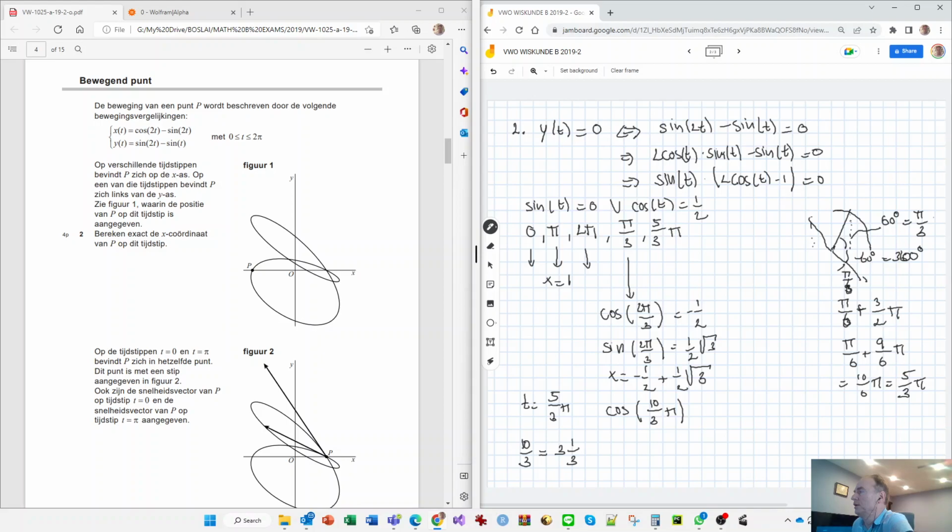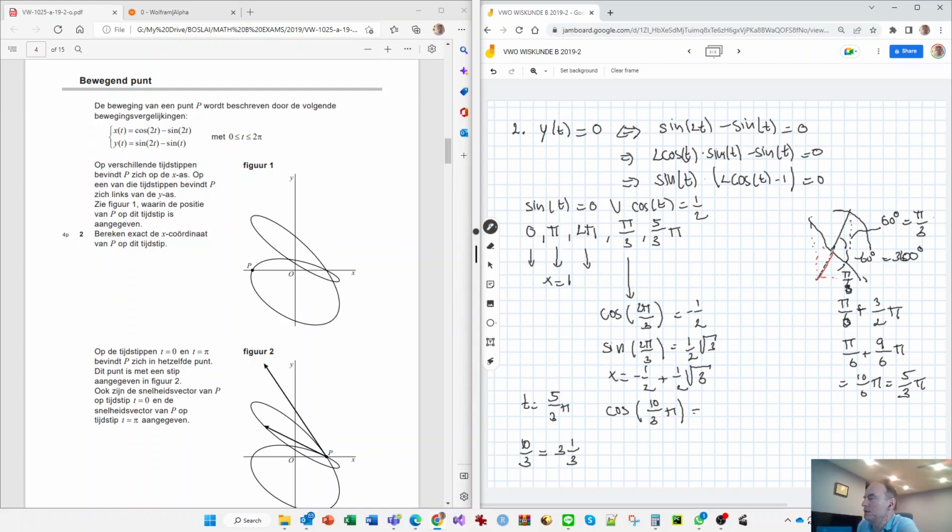So it's a little bit messy here. I end up here, and so this is my cosine here, and here's my sine. So they're both negative.